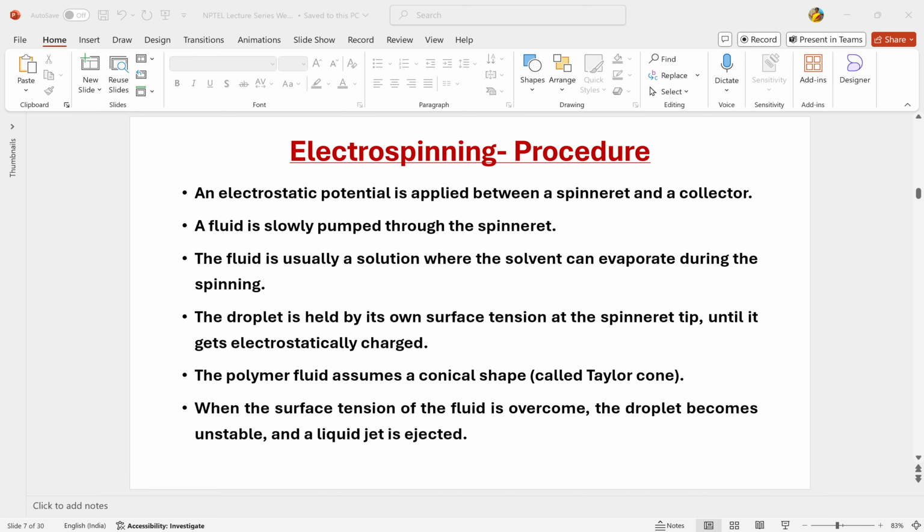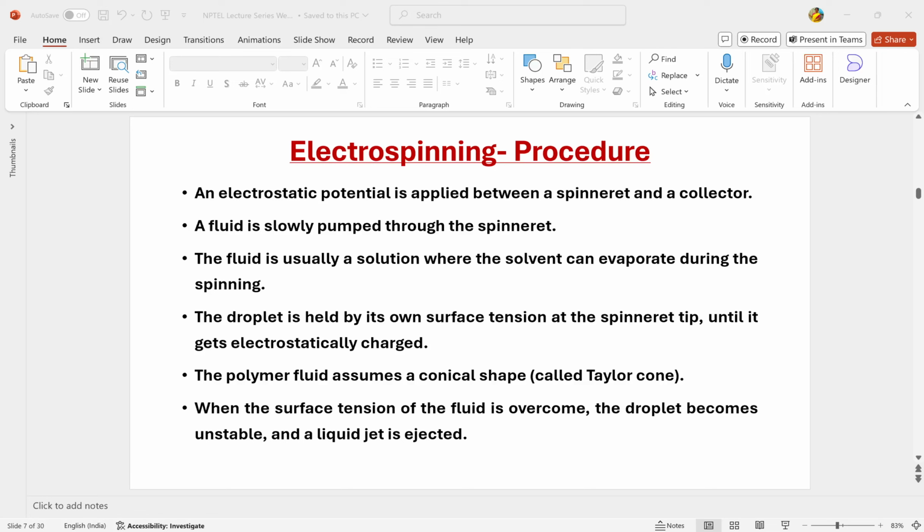Obviously it has a very high voltage. Usually after using the apparatus, we have a rod which discharges the charge. You should not forget to take that rod before touching anywhere on the instrument. After you have used it, you are supposed to remove that charge, or else you will get a very big shock.